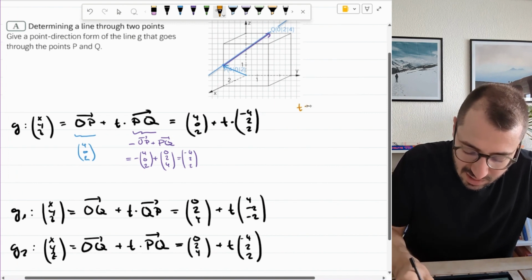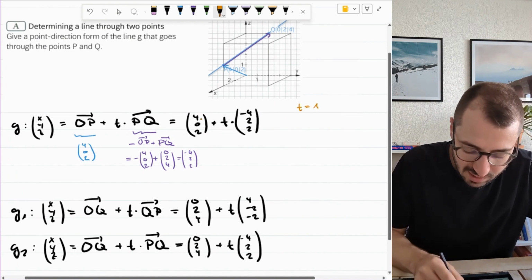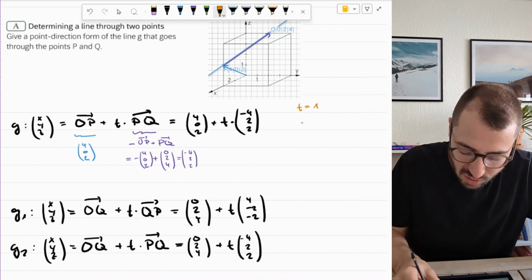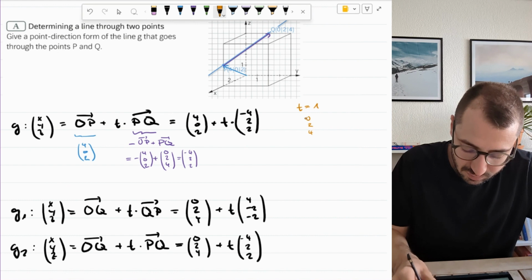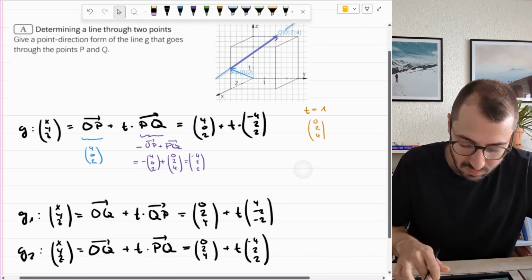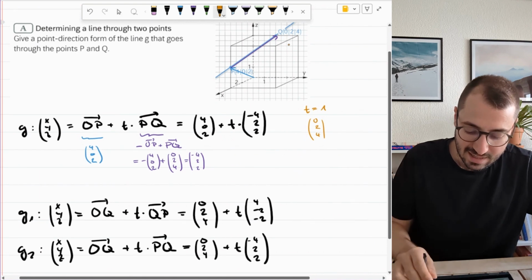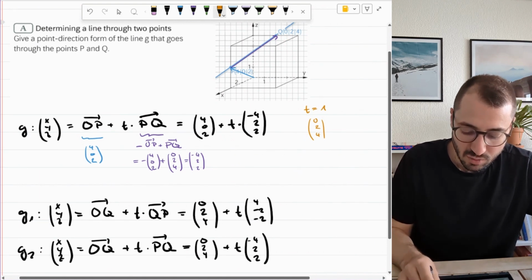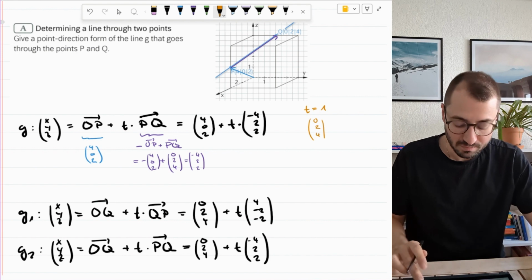Plugging in t equals 1, we get 4 plus minus 4, which is 0, 0 plus 2, which is 2, and 2 plus 2, which is 4. And these are exactly the coordinates of the point Q, so 0, 2, 4.